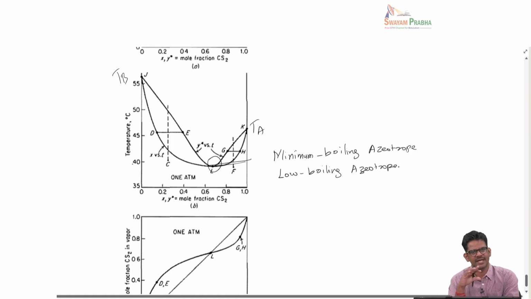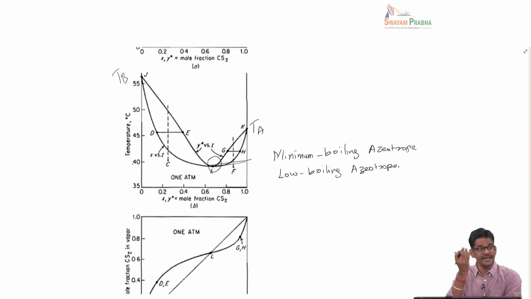It also means that you can have other kinds of mixtures where the boiling temperature of the azeotrope is higher than TB. That we call a maximum boiling or high boiling azeotrope. This is something we have seen before.